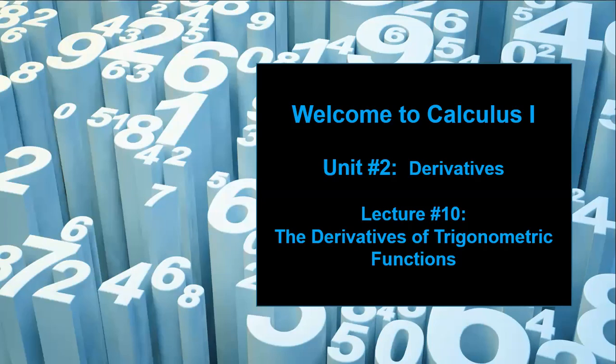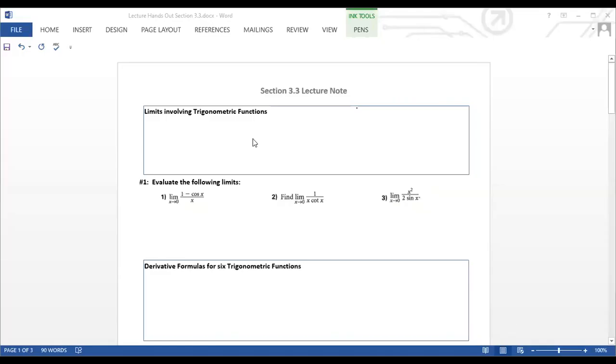In this lecture, we're going to talk about a special set of derivative formulas for the trig functions. Okay, so now let's go ahead and go to our lecture notes and get started here.